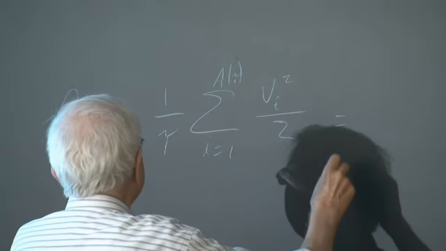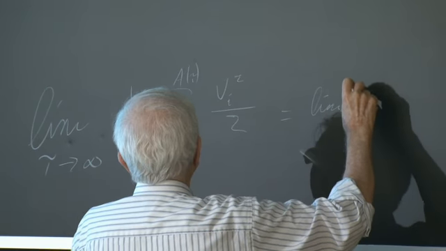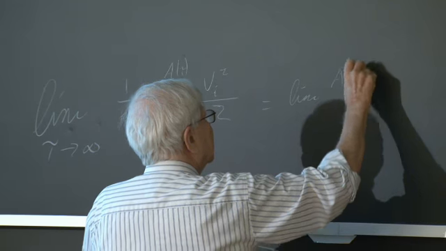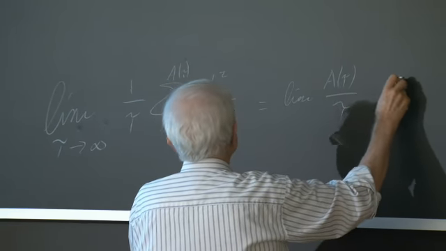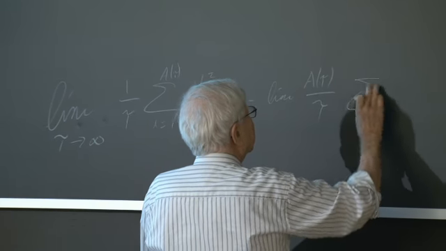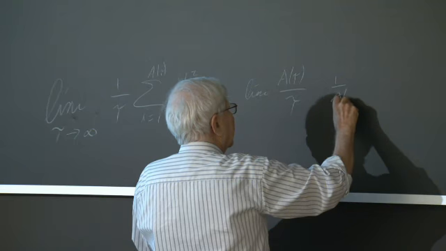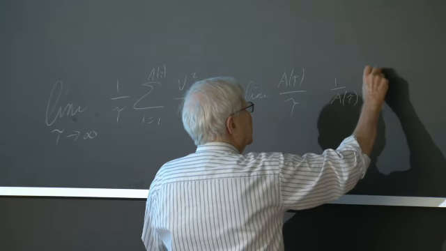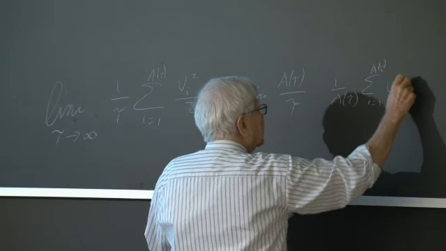You can write this as the limit of A of tau over tau times 1 over A of tau times the sum from i equals 1 to A of tau of V_i squared.